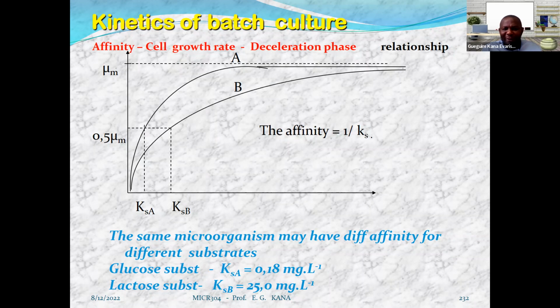You have two graphs. Look at your x-axis again, and find out on which substrate the cell growth rate will not be easily impacted when the substrate concentration is lowered.